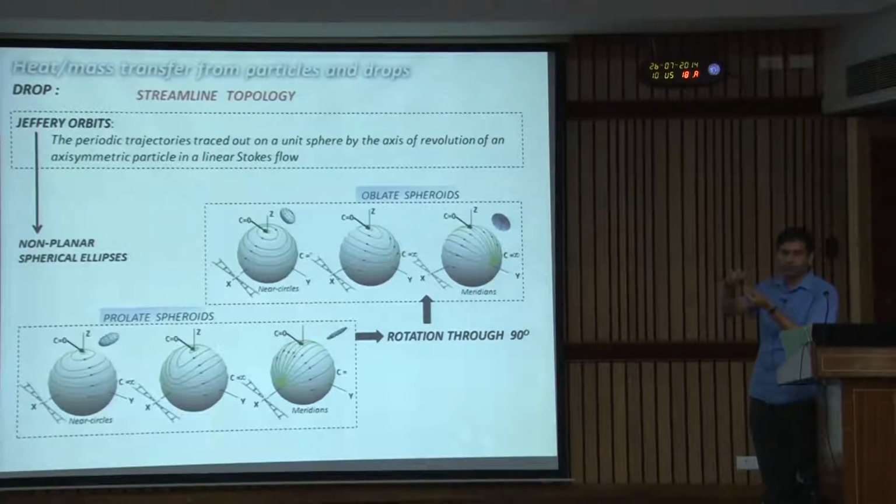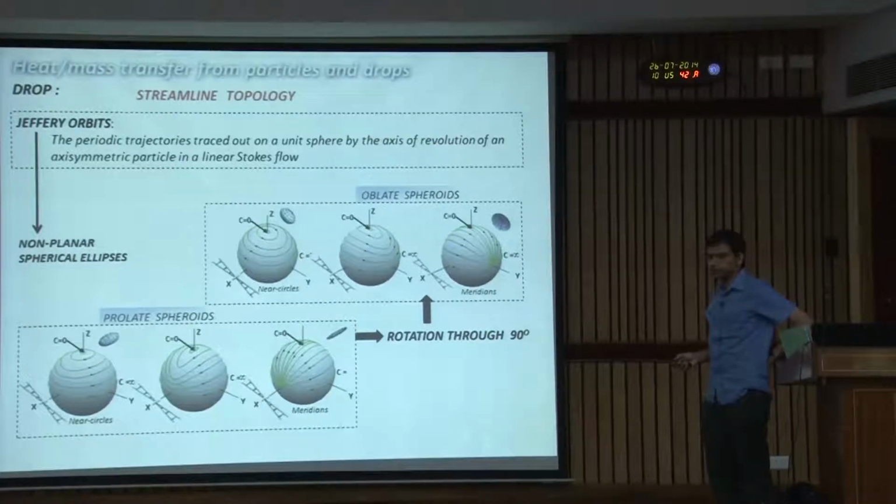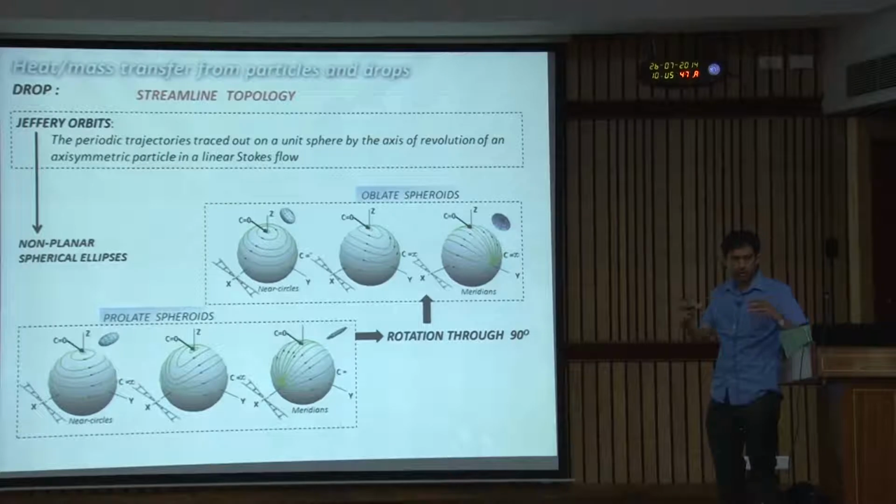And if I ask where on the unit sphere does the rod go, if I mark out the rod as a point on the unit sphere, how does the point move on the unit sphere as I shear the flow? The answer is that the point moves along a Jeffrey orbit, and they are called Jeffrey orbits because this was first found by Jeffrey in 1922. It was first found by him for the specific case of spheroids, which are the simplest. You just stretch out a sphere along one axis.